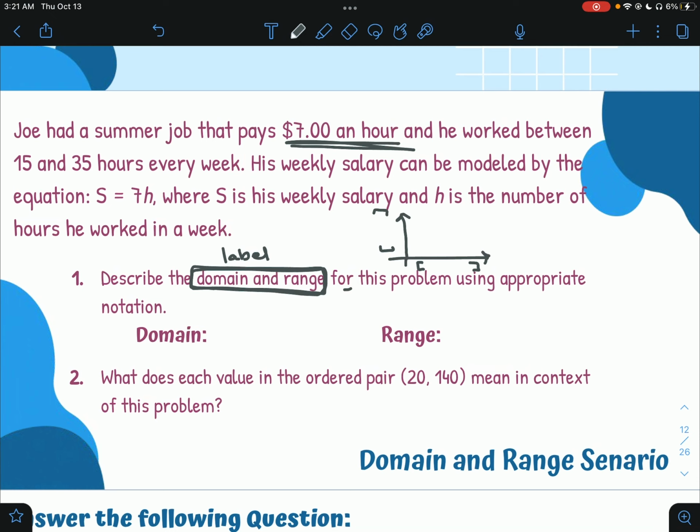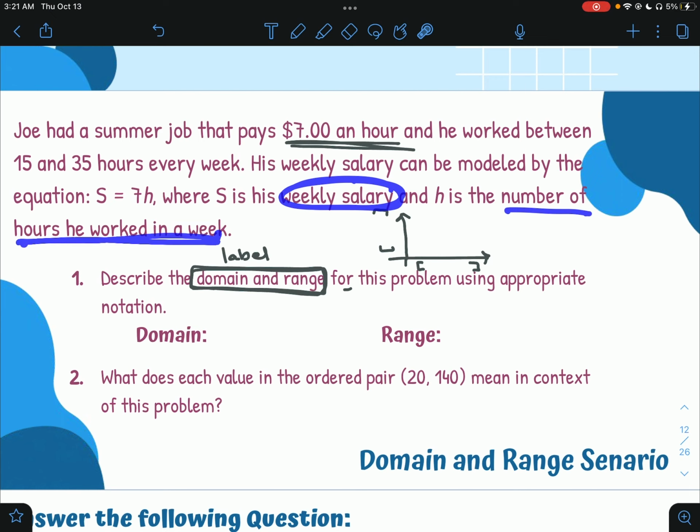So here, we would need to think, okay, well, we're talking about two things. We're talking about his weekly salary and the number of hours he worked. So one would be one axis and one would be the other.